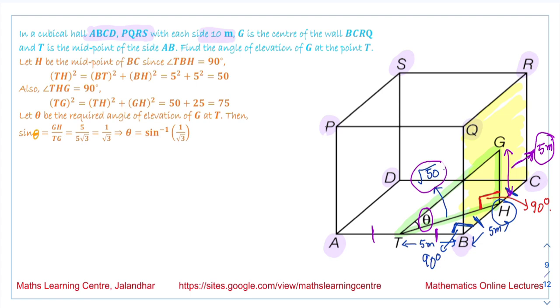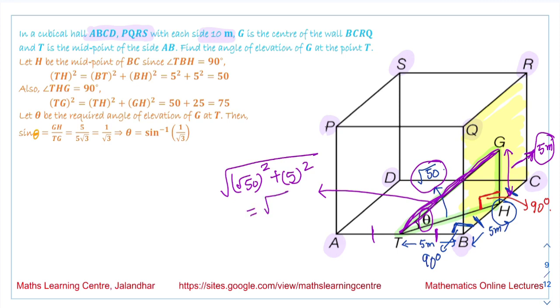The length of this side is square root of 50. So the length of the side GT is the hypotenuse, equal to the square root of 50 plus 25, which is square root of 75.